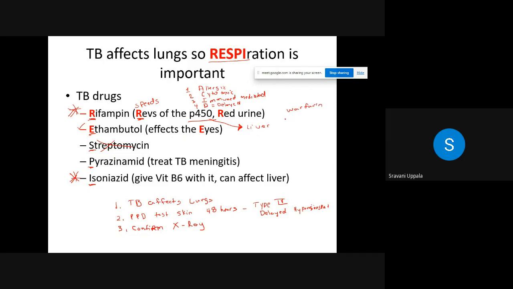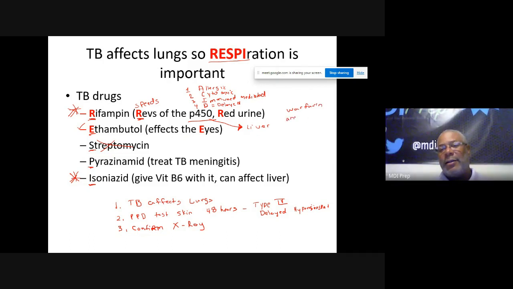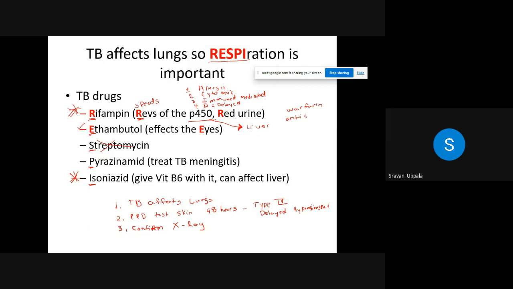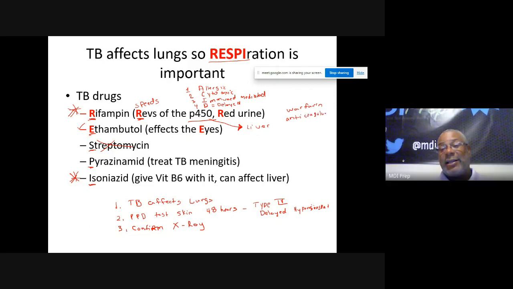It's an anticoagulant, right? We use it for people that have clotting issues. Now, warfarin is metabolized in the liver. Let's say somebody's on warfarin and they have TB and they're taking rifampin.